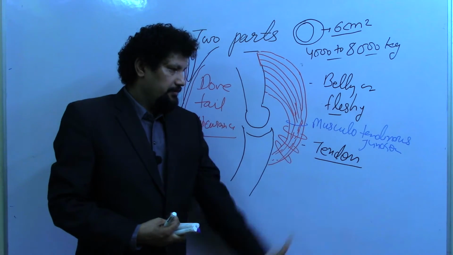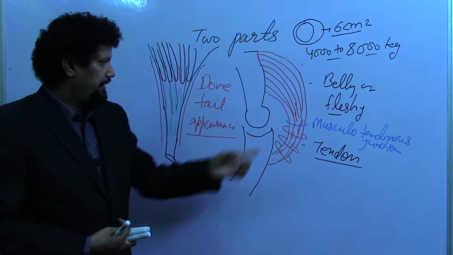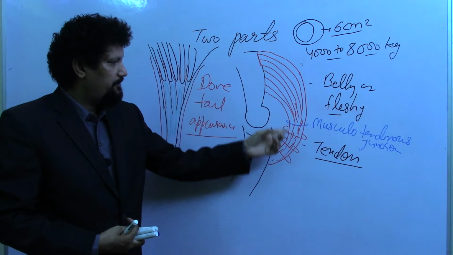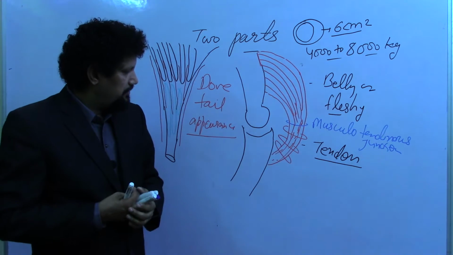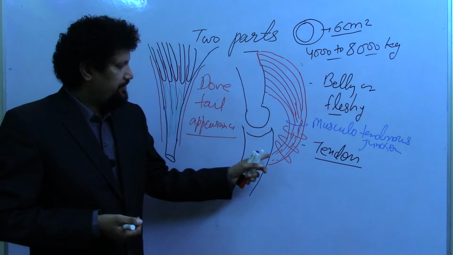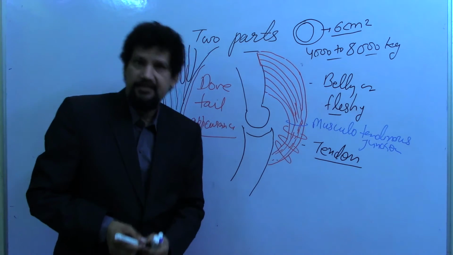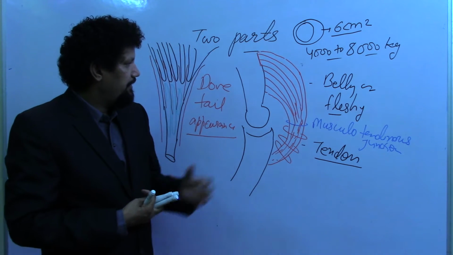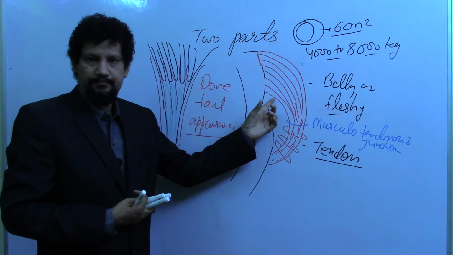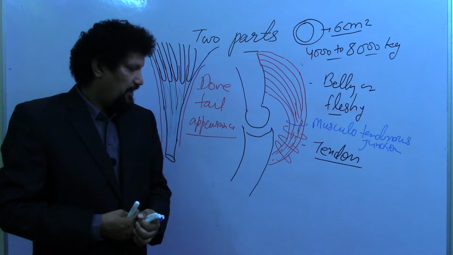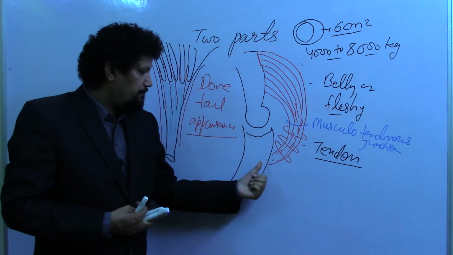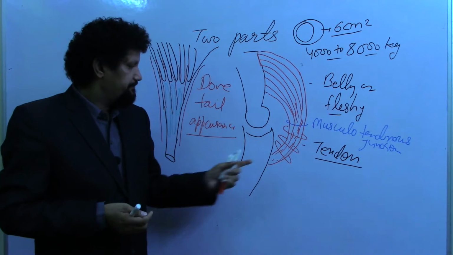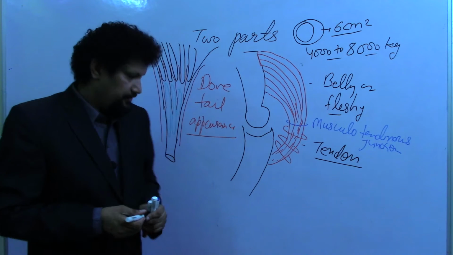So the tendon is a cord-like structure. Fibers are not continuous with the muscle fibers, these are contiguous, and the tendon is having its blood supply from the arteries of the muscle and the vessels and arteries of the periosteum of the bone where the tendon is attached.